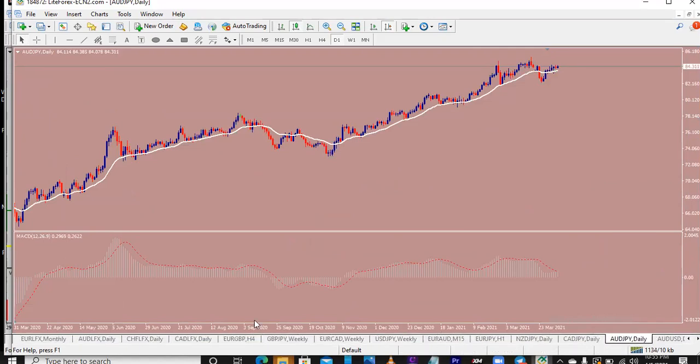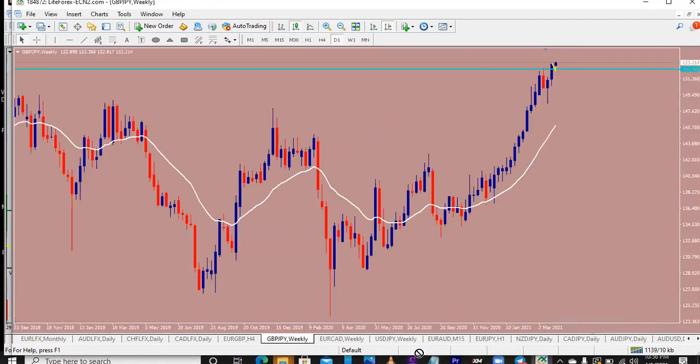Okay, I think I'm okay with this. Now let me bring out the JPY index. Are you here with me? Yes, sir. Now this is the JPY index.